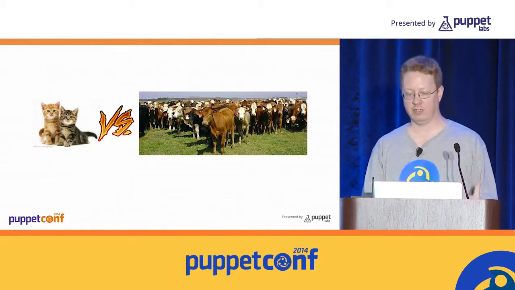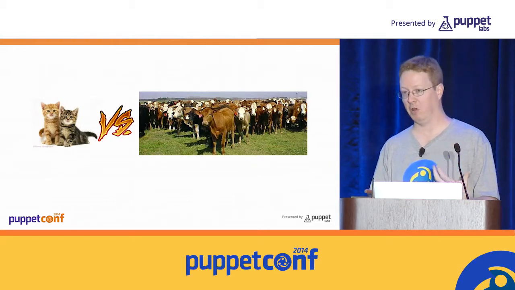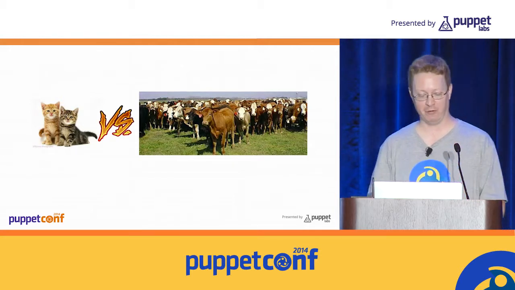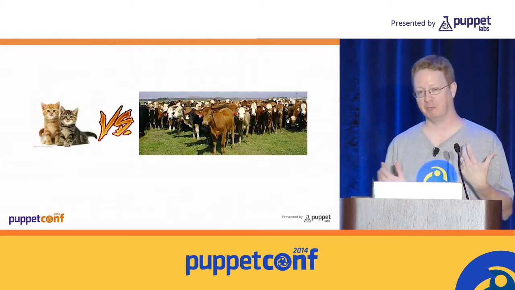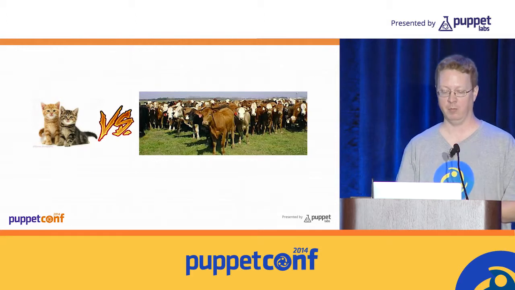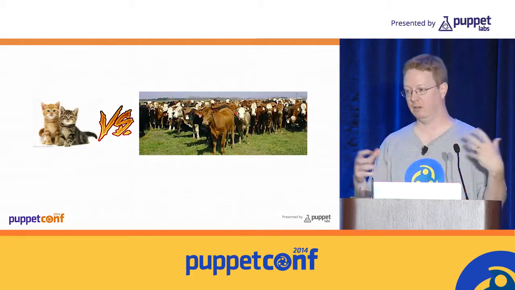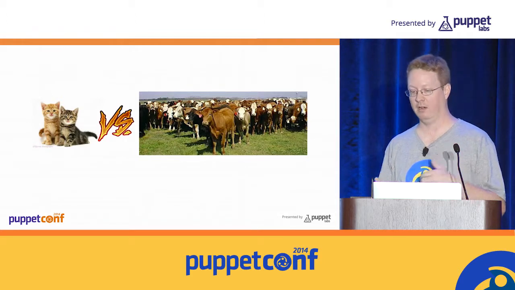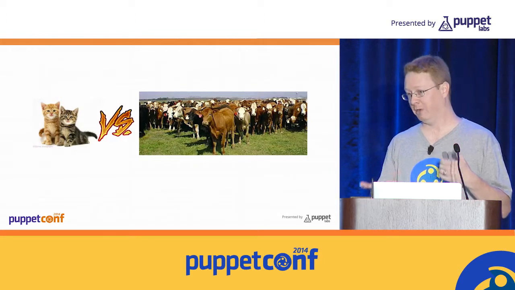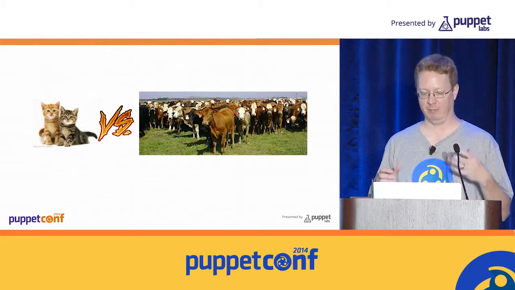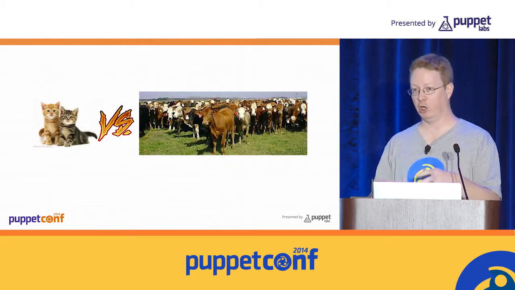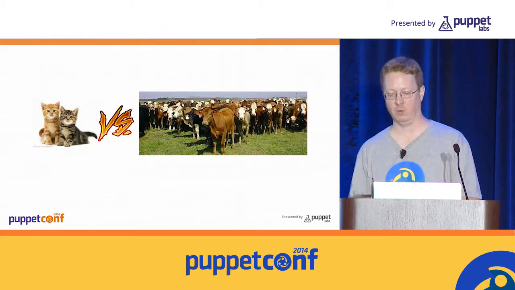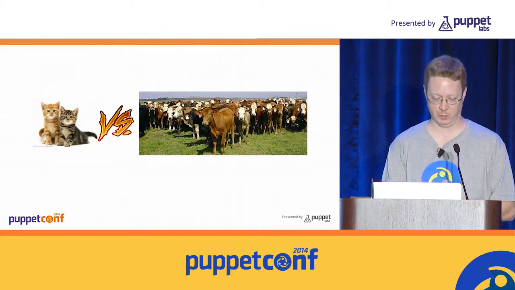When you have a very small number of nodes, you probably know them all by name. You know how their day's been going, what they had for dinner last night. You definitely will know if something is going wrong on one of them. But as you start to get into a more virtualized environment and manage larger and larger numbers of nodes, it's just not feasible to have that intimate of a relationship with any of them. It becomes more about managing a herd of nodes that hopefully look pretty similar to one another, but not necessarily wanting to deal with them on an individual basis.